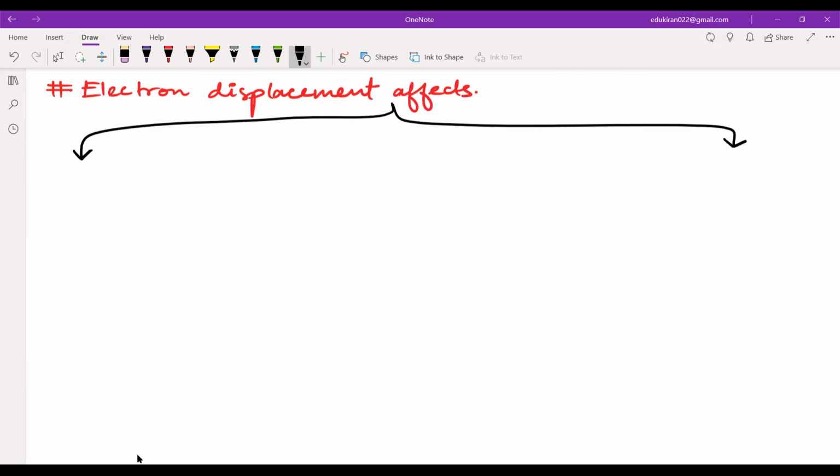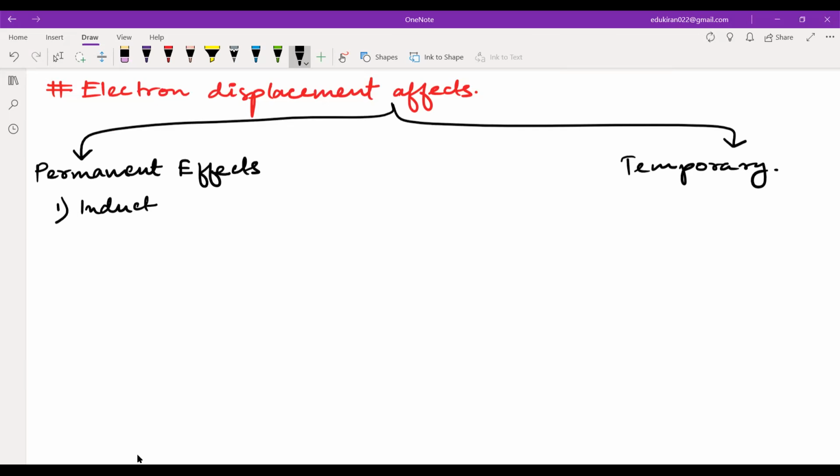Now, electron displacement effect can be categorized into 2 types. Some are permanent effects, some are temporary effects. Now in permanent effect, we are going to learn about, first of all, inductive effect.